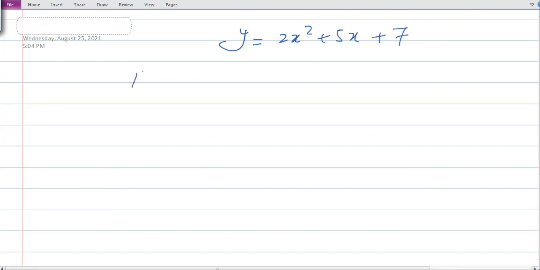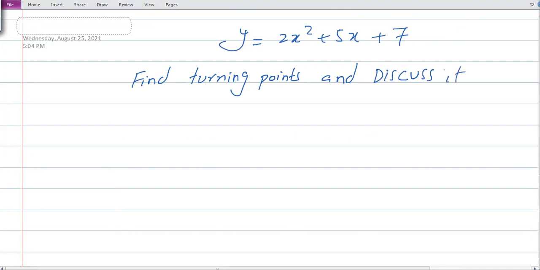The question is, find the turning points. Turning or stationary, it is the same thing. And discuss its nature. Nature means you have to tell whether it is maximum or minimum. Okay, so first find dy over dx.